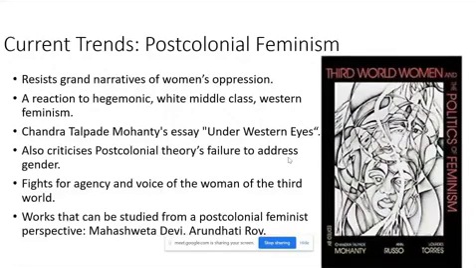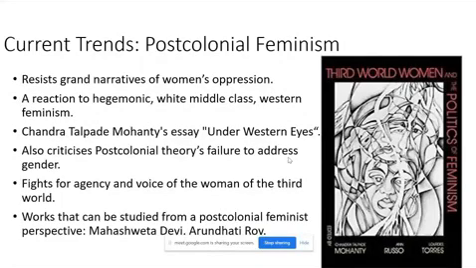Let's look at another very relevant trajectory of feminism, which is post-colonial feminism. Now, what does post-colonial feminism say? Of course, it's part of the third wave, so it resists all grand narratives of women's oppression.